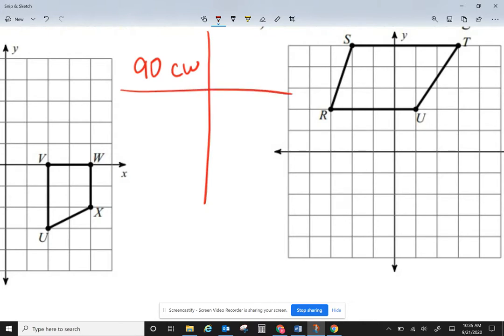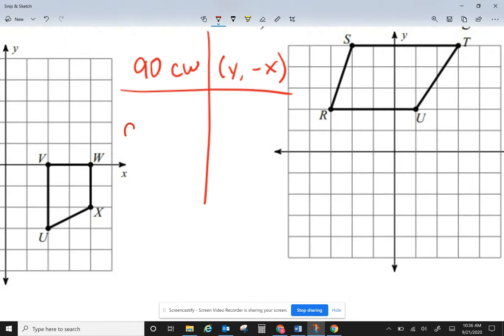In this case, (x, y) is going to become (y, -x). All I'm saying is the numbers are going to flip, and then the one that was the original X value is going to switch signs. So if it was positive, it becomes negative. But if it was negative, it becomes positive. So for 90 degrees clockwise, (x, y) becomes (y, -x).